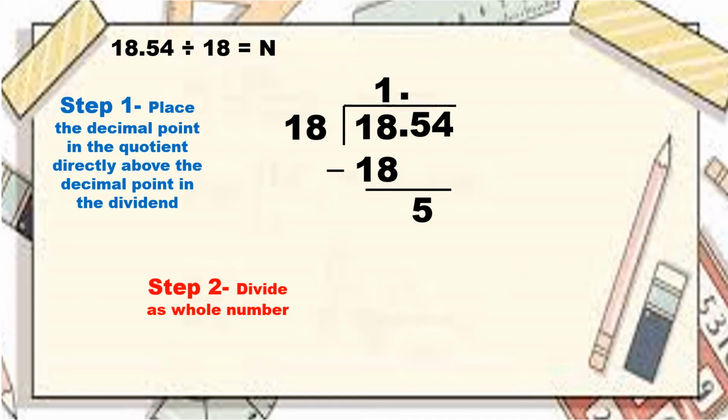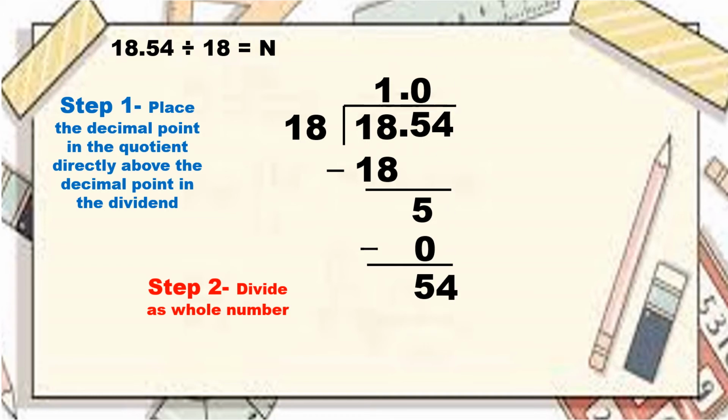Then, bring down 5. 5 divided by 18 is 0. Then, multiply 0 times 18 is equal to 0. Subtract 5 minus 0 is equal to 5.